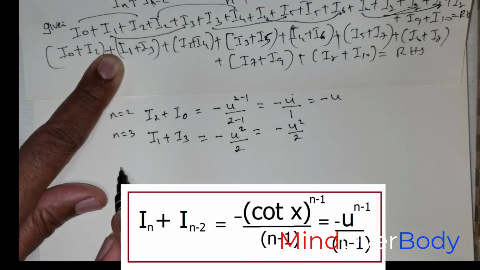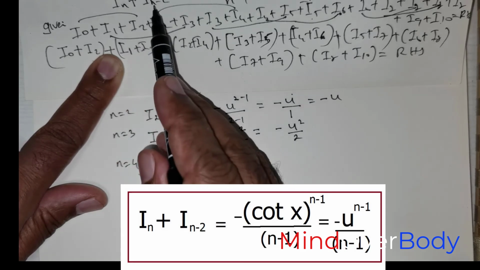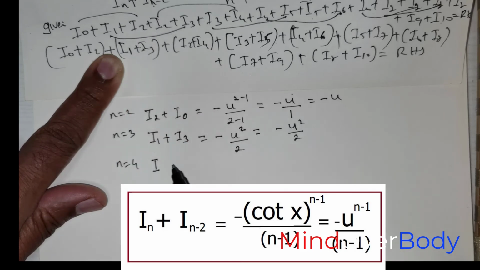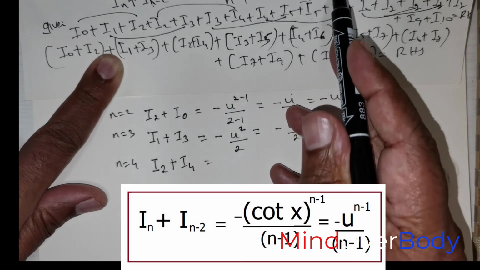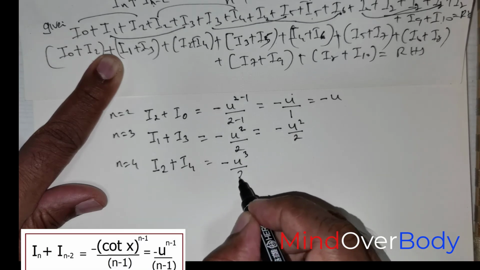Next, n is equal to 4. N is equal to 4 would give me I4 positive I2, and this is 4. So this is I2 and I4, and n is equal to 4 is going to be negative u raised to the power of 3. 4 minus 1 is going to be 3.